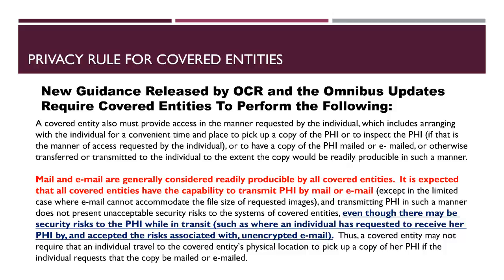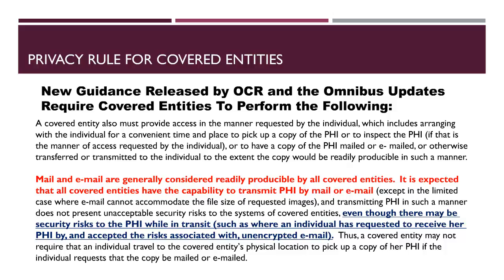However, the importance here is to get the patients their records in the most convenient format available. And if email is that method, then the covered entity needs to warn the patient of the risk of it being intercepted or read, and if the patient accepts that risk, to document it in the email that the patient knew of and accepted the risk, and the practice must send the email even if it is not encrypted email.